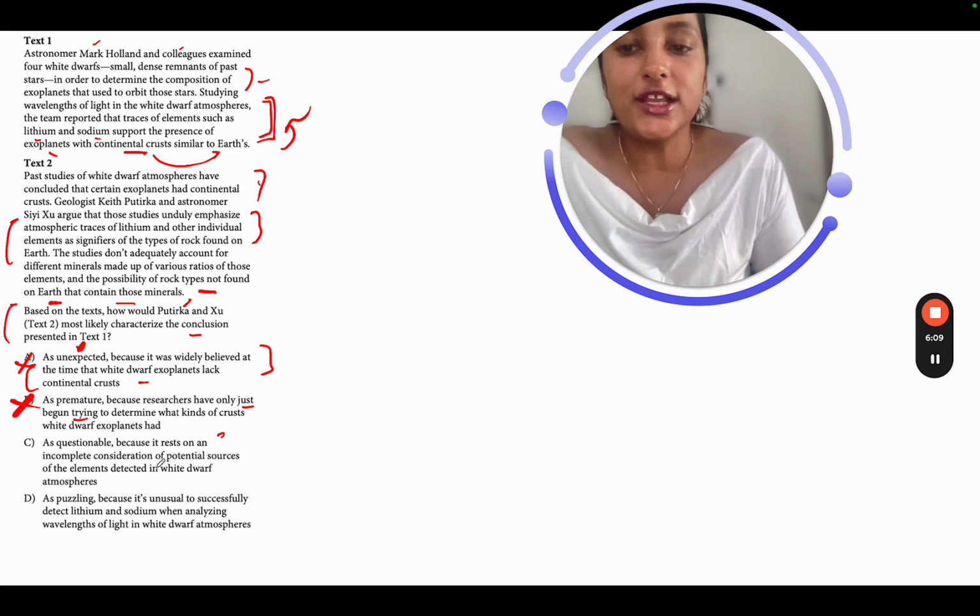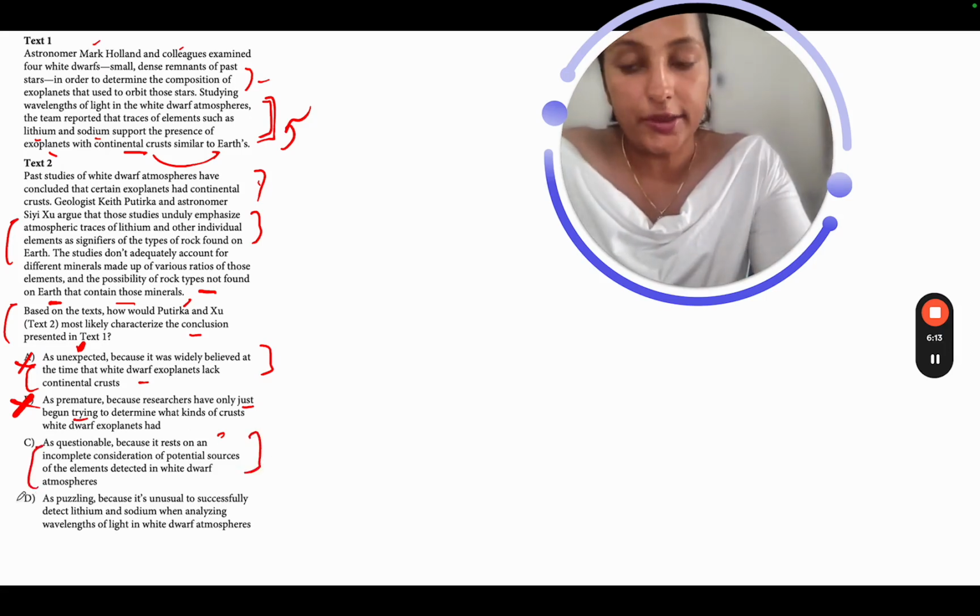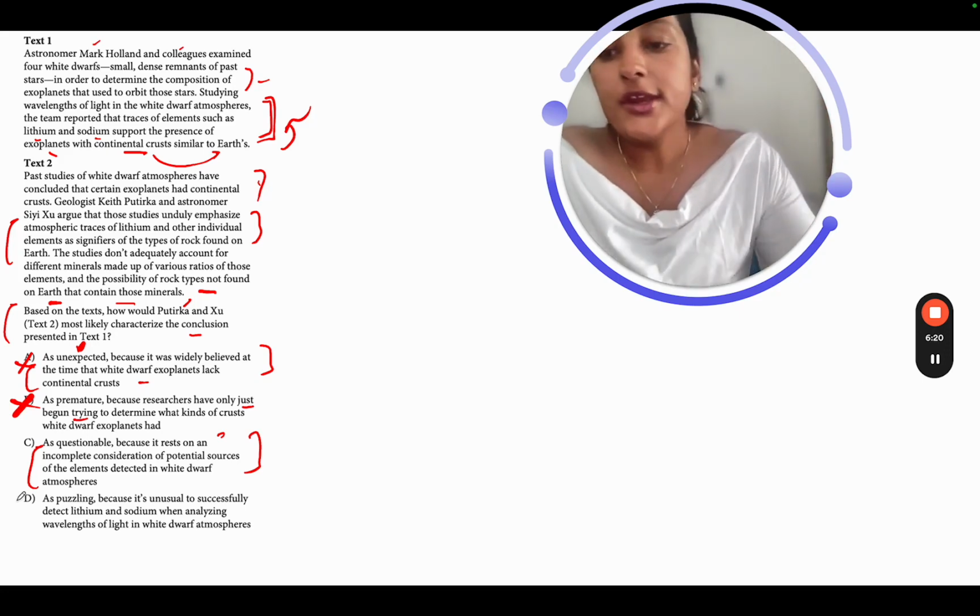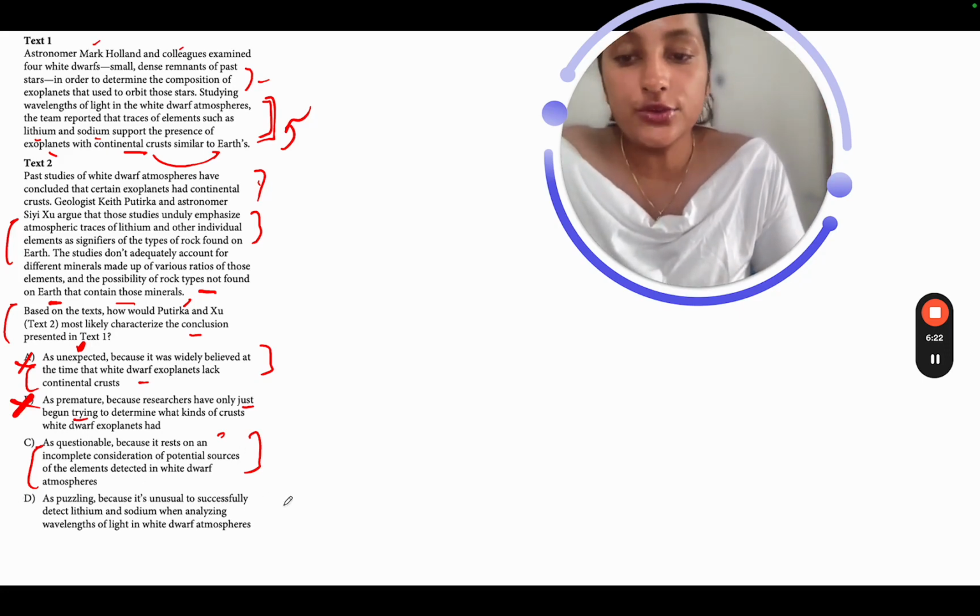And C is telling me the same thing. The problem is with what they are considering. So C is definitely looking good as of now, but I still have to eliminate D, as puzzling because it is unusual to successfully detect lithium and sodium when analyzing wavelengths of light in white dwarf atmospheres. This is not being discussed again. How they are detecting lithium and sodium in the wavelengths of light is not being talked about. So very clearly C is the correct option.